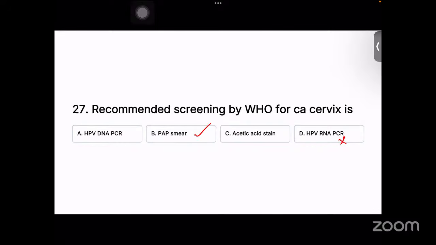Okay, so HPV DNA and pap smear are left. HPV DNA is highly sensitive, but it requires complex resource settings, so it is not used for the general public. It is used only in developed countries with suitable lab facilities. So we go for the pap smear. Pap smear is the gold standard screening tool for CA cervix.